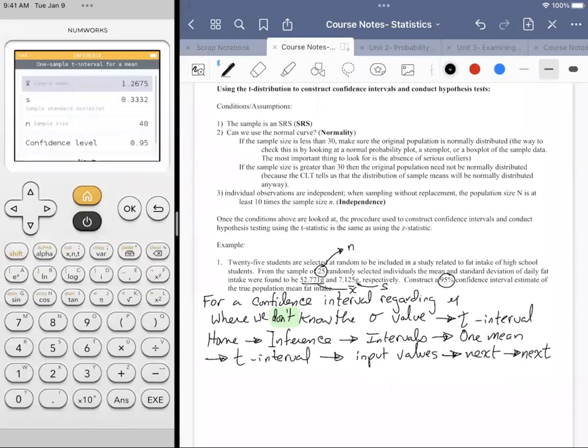But in terms of what I type in, it's pretty much the same structure. So clear this out. Type in 52.771. Clear this out. Type in 7.125. Clear this out. Type in 25. And everything is the way I would like it to be.